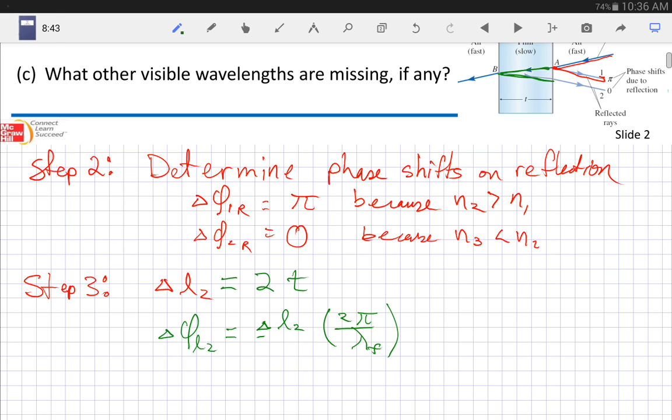I did that because what's going to happen to the wavelength when the light goes into a medium with a slower wave speed? It slows down, so the wavelength becomes shorter. Without showing the equation, we've seen it before: the wavelength in the film is equal to the wavelength in air divided by the index of refraction for the film.